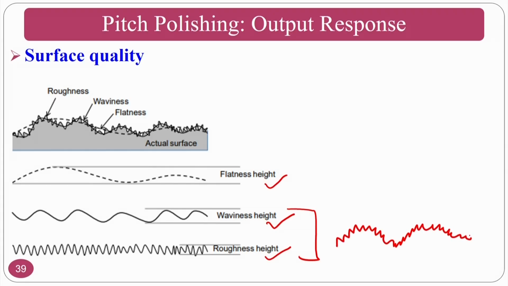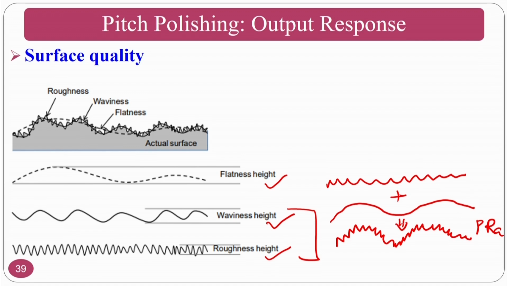This is called profile roughness, normally represented by PRA, which you can divide into waviness and roughness. So, these two give rise to profile roughness. These are all things I will explain in the upcoming classes, where you should know the surface properties.